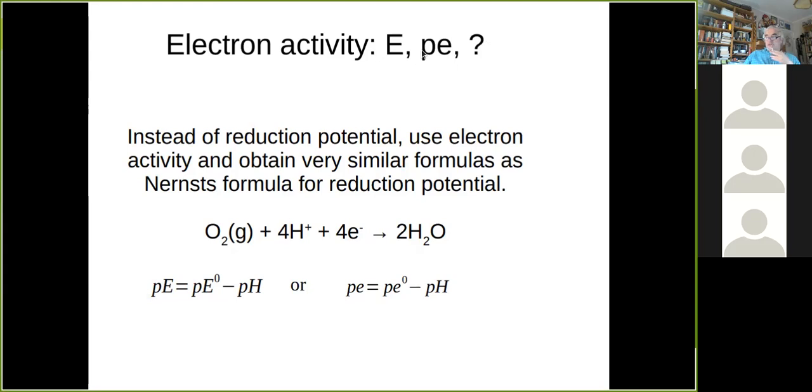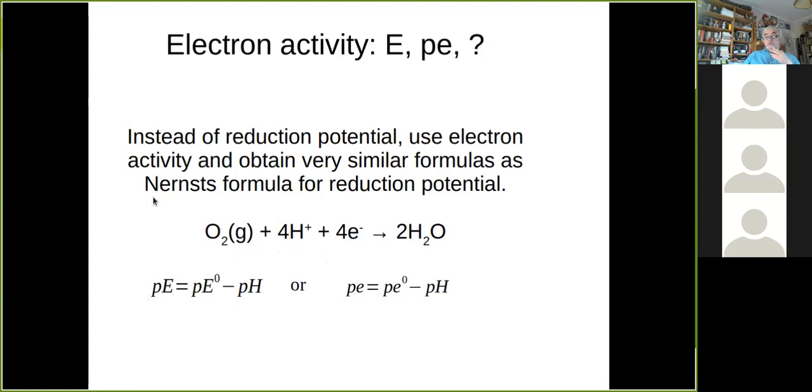This p does not necessarily mean the minus 10 logarithm of the redox potential. It's the minus 10 logarithm of the electron activity, but for the moment we can just look at the similarity between two different quite often used nomenclatures. Suppose you have a typical reduction of oxygen, for example, in an acid environment.